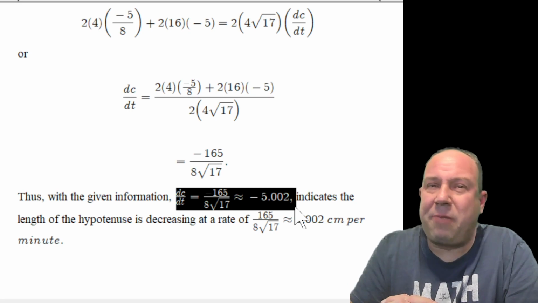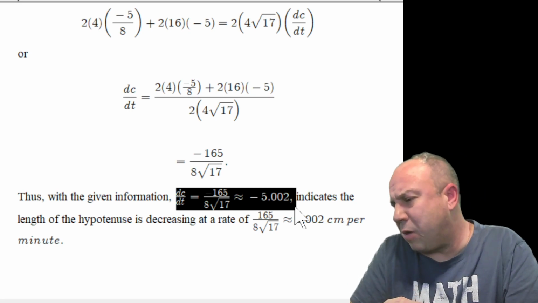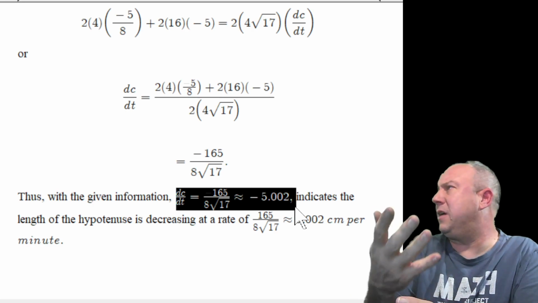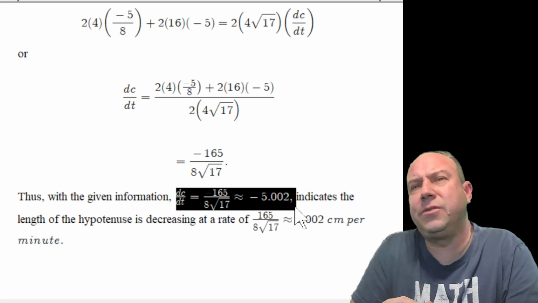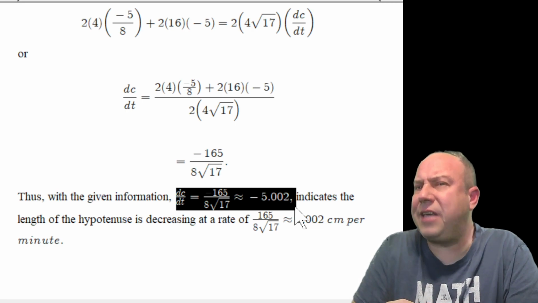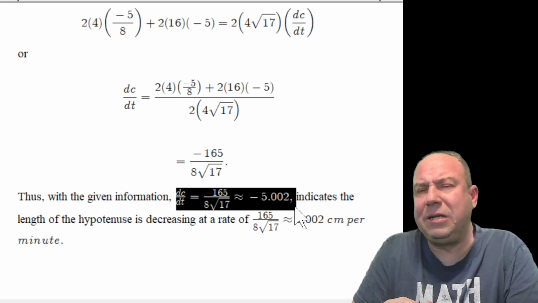These are tricky problems, folks. It's going to take a little bit of practice. It's going to take working more than just 2 or 3 examples like I've done here in the notes. These are puzzlers. Some are very simple.